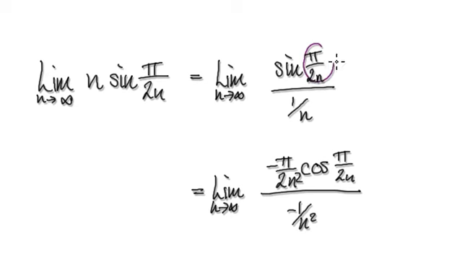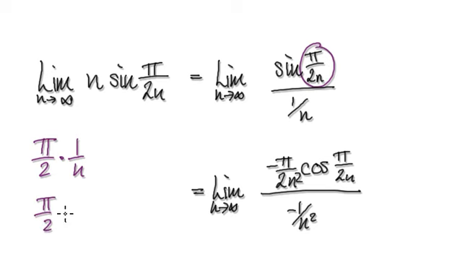When you come to differentiate this, imagine this as being pi over 2 times 1 over n. So when you come later to differentiate this, this is really a constant here, n to the power minus 1.